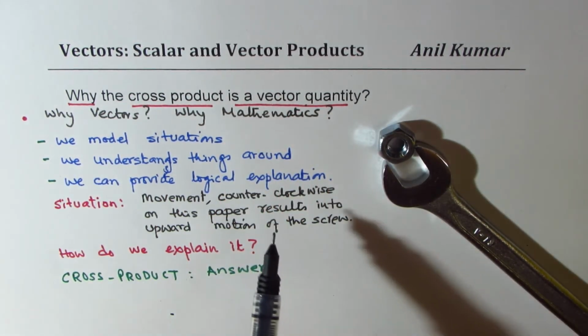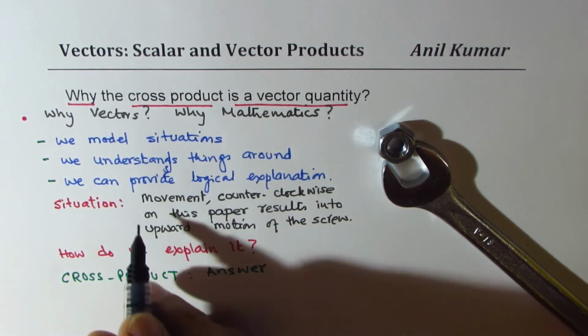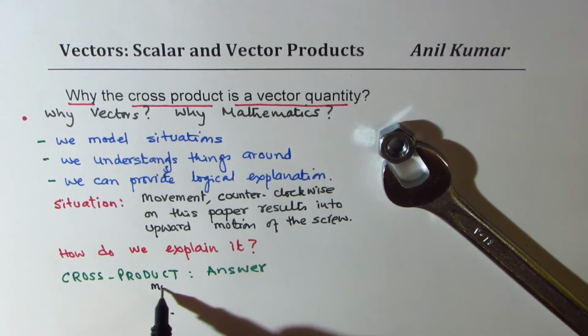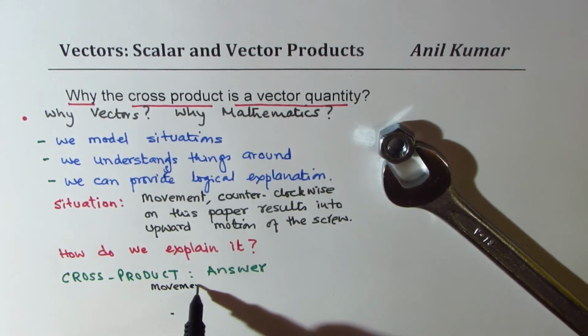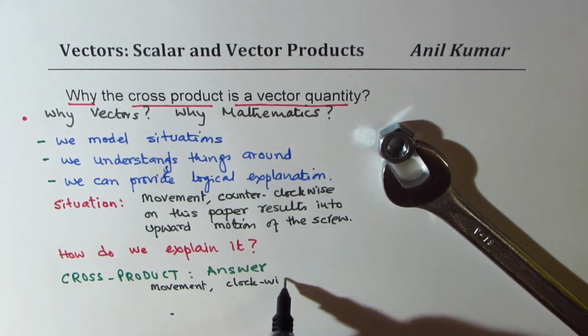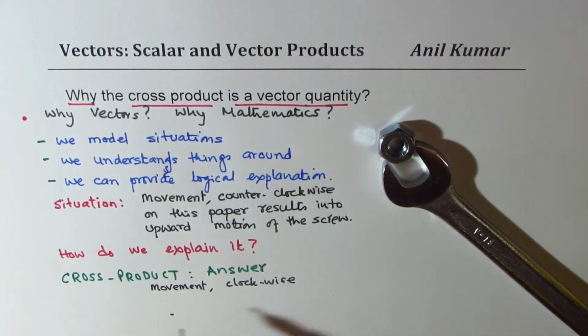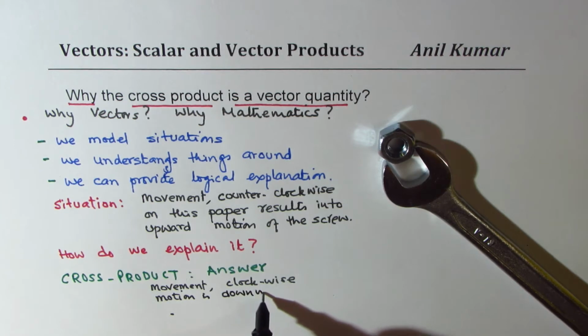Well, what happens if I change the direction? So if I change the direction, that is, we say movement is now clockwise, in that case, the result is what? In that case, motion is downwards. So that means direction changes.